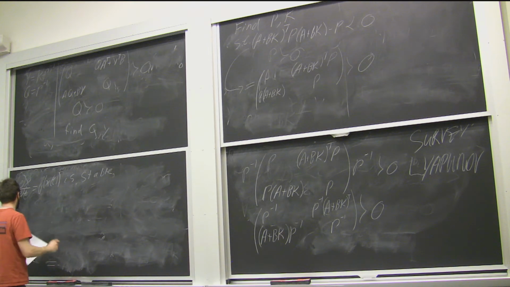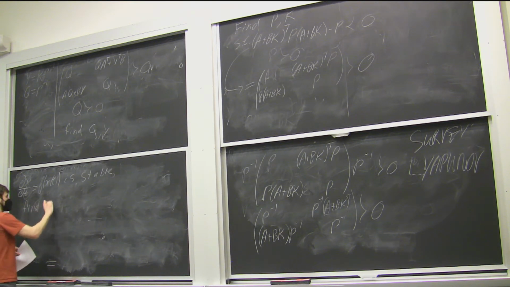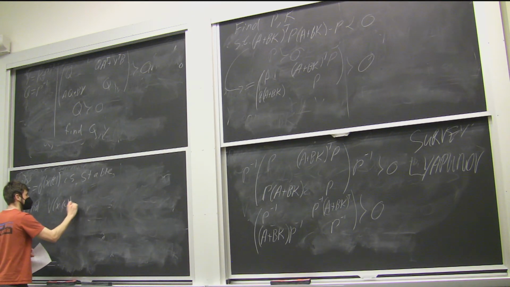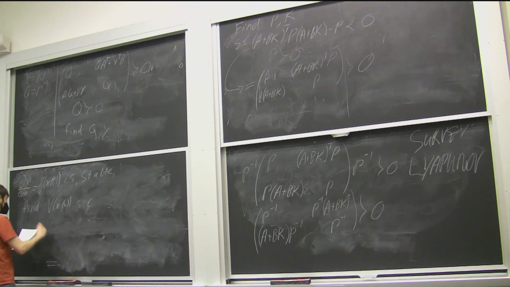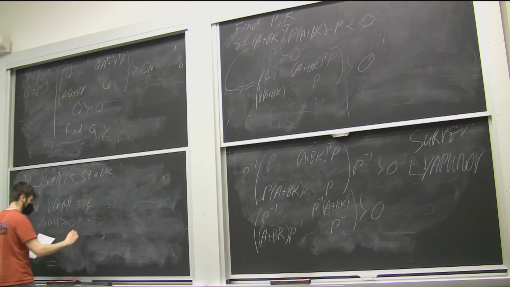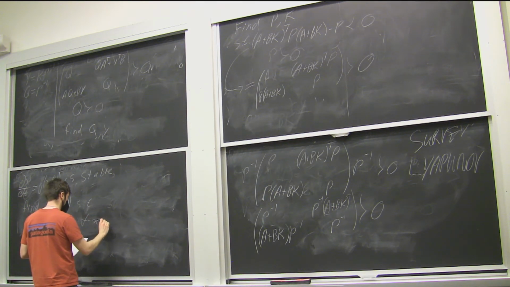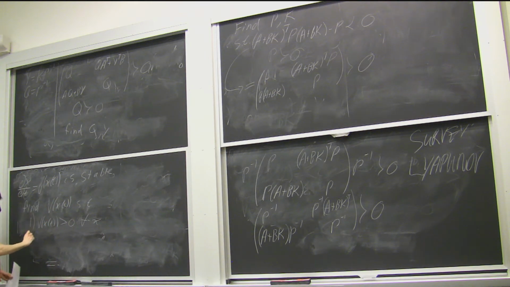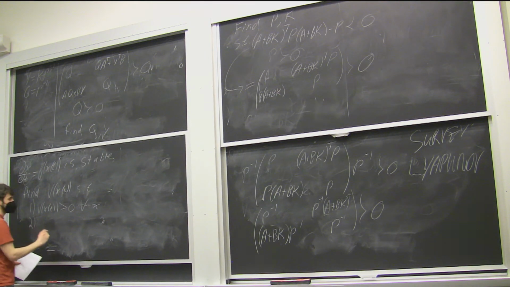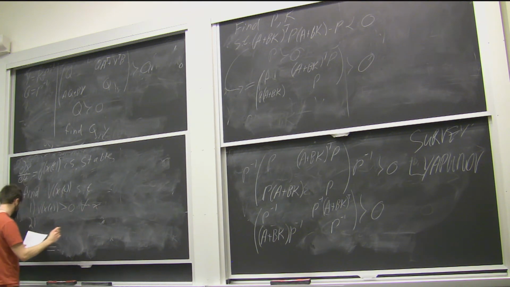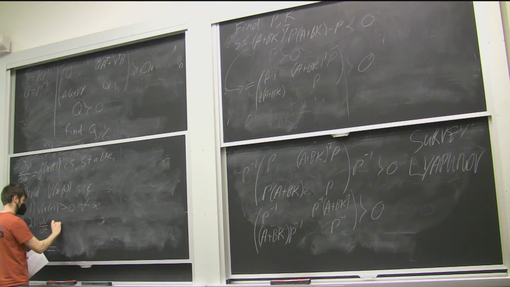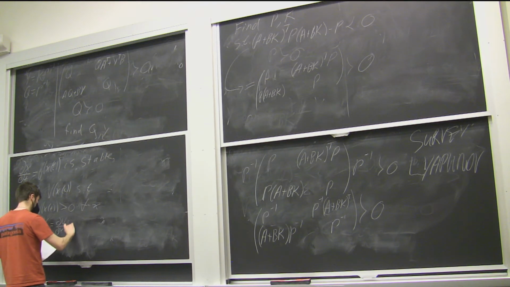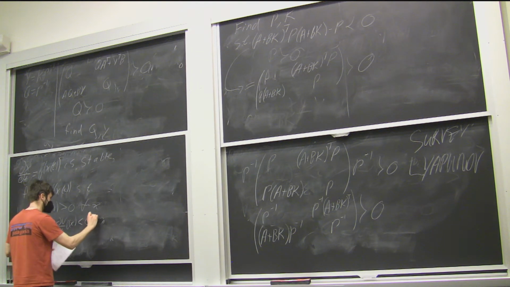I want to find a function V(x(t)) such that V(x(t)) is more than 0 for all x, and I need dV/dt, which is equal to dV/dx, is less than 0.